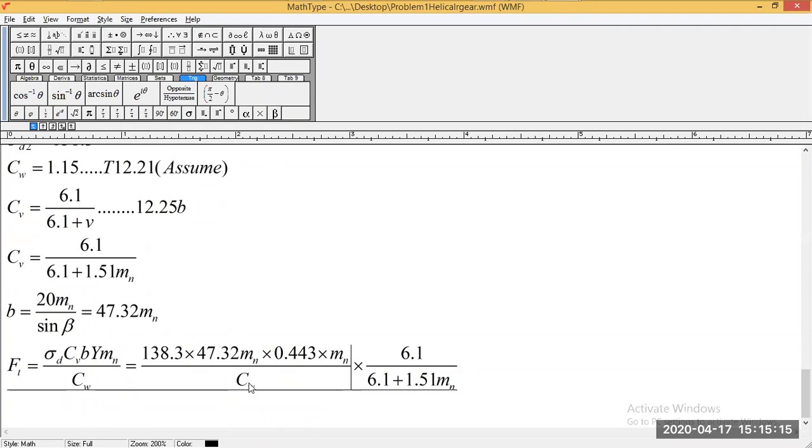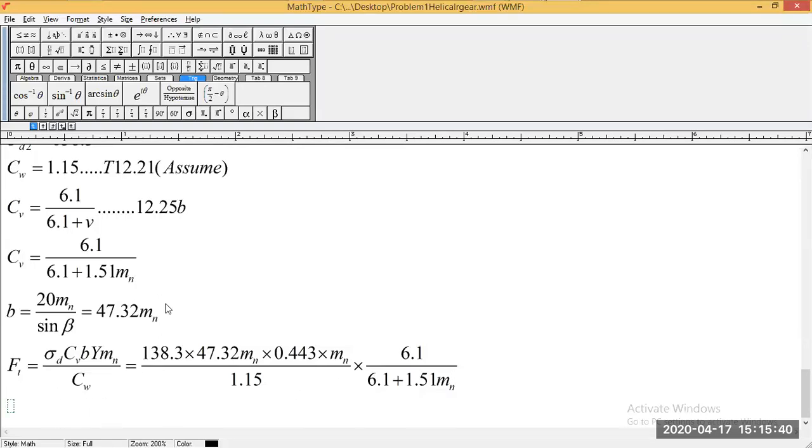CW we have chosen already, 1.15, right? So all these values are ready for calculation now.